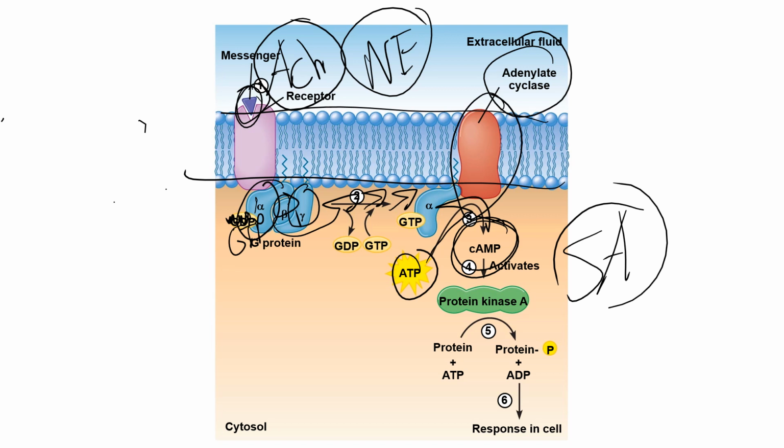It's just that there are actually multiple different G protein pathways, and some of them will call it the IP3 or the DAG pathway. This is just one of them. This is the most common. This whole thing is a G protein pathway, but the specific one we're talking about is the cyclic AMP G protein pathway. Cyclic AMP is the second messenger.